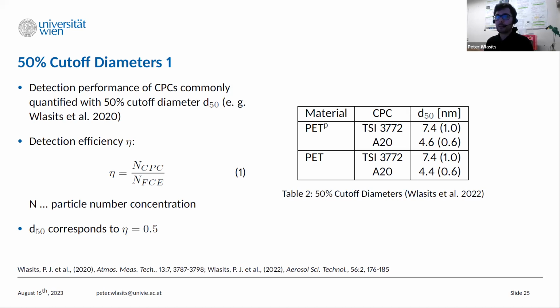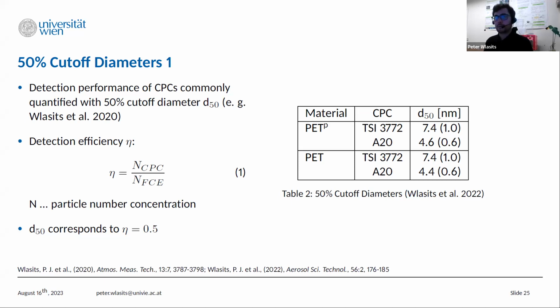That cutoff diameter is calculated in the following way. We put the particle material into the tube furnace and get particle number size distributions for the CPC on the one hand and for the FCE on the other hand. If these particle number concentrations, capital N, are divided by each other, the CPC divided by the FCE, you get the detection efficiency.